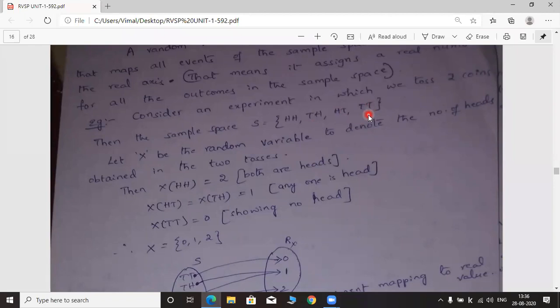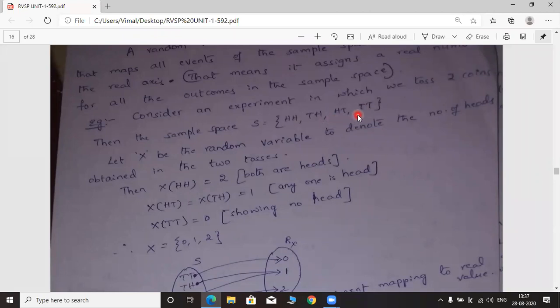Tails may appear on both coins. So we have 4 possible outcomes: both heads, first tail and second head, first head and second tail, and both tails. So we have 4 possible outcomes in the sample space.